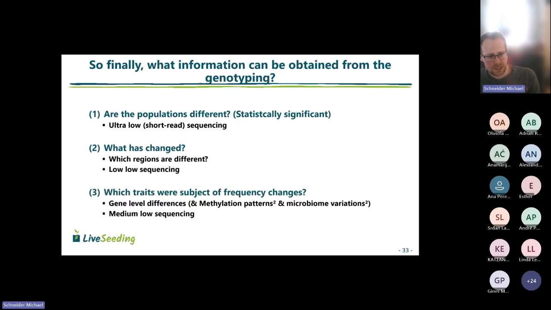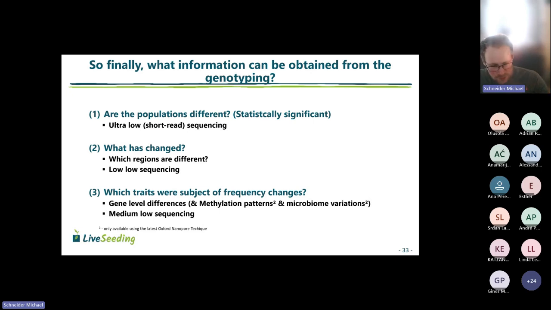And ultimately, we want to see gene level differences, maybe also methylation patterns and microbial variations, and therefore we need a medium-low sequencing approach where we can pin down genes that were, most likely, causal for this change.